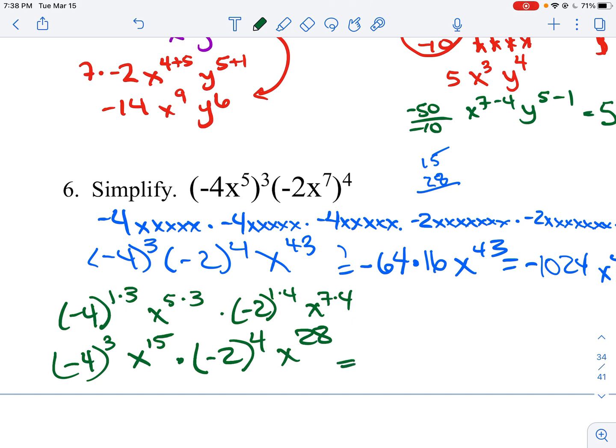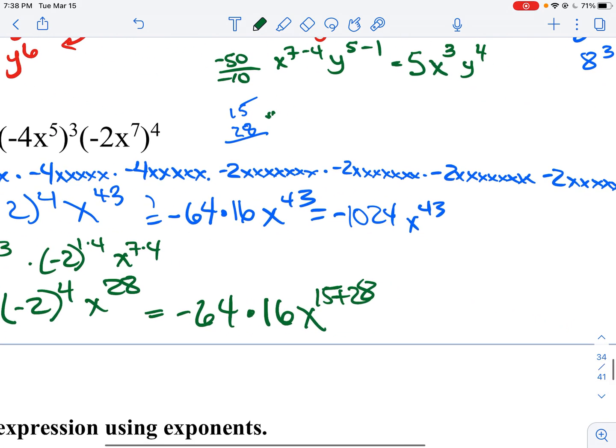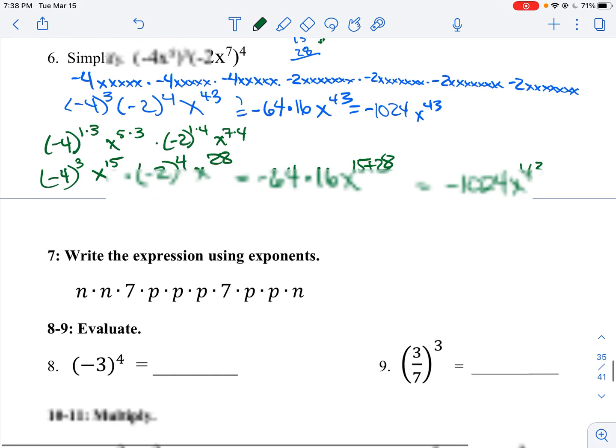So then that would get me negative 64 times 16, and then 15 plus 28. Hey, that's what I did right up there. So that would get me negative 1024 x to the 43rd. Okay.